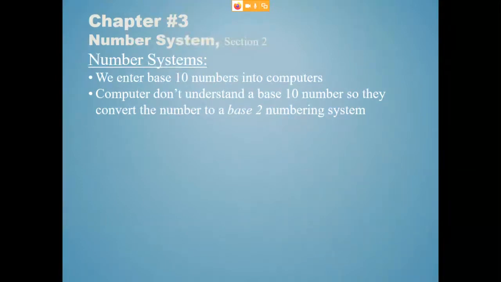So now, the thing is that digital computers, which of course PLCs are, do not actually have a way of adding or subtracting or really dealing with decimal numbers. Okay, so computers don't really understand decimal numbers.